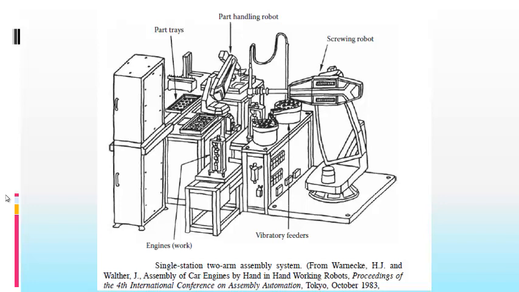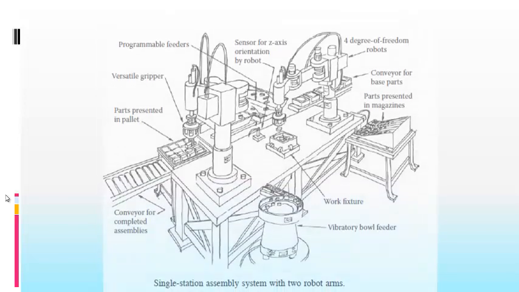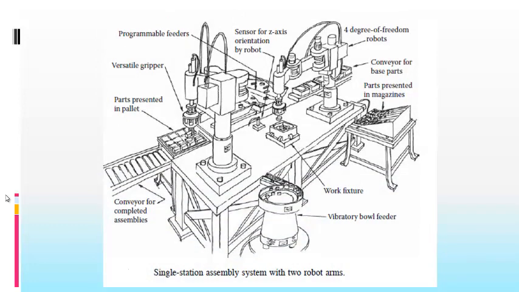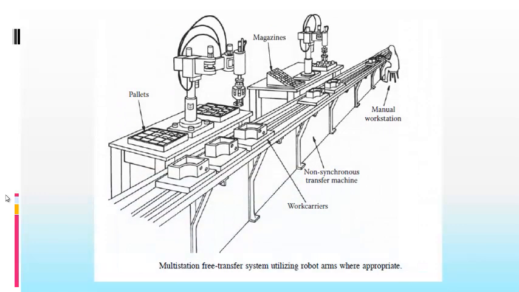Here the computer can send the program to the robot directly. And here is another station with 2 robots. You see the same feeders, but this has a transfer line where the products move from place to place. And here another one with a transfer line, similar to the one we have seen just now. But if you look at this, at the end of it, there is a manual assembly station.